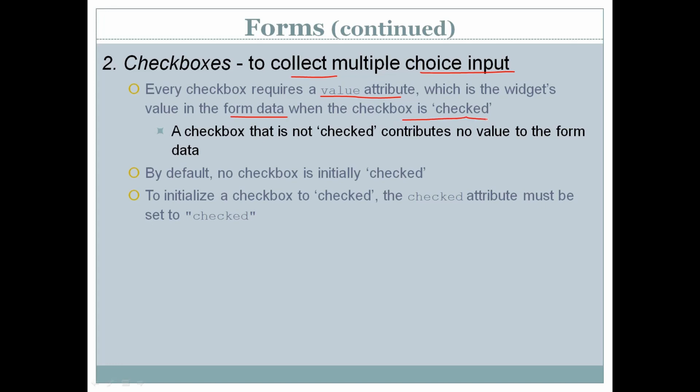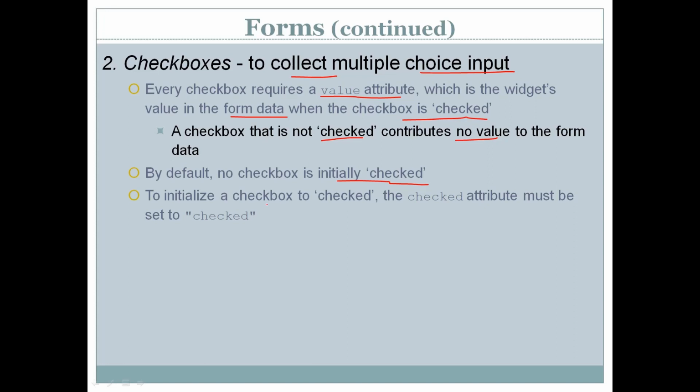So whatever value we assign to the value attribute, that is the value of that particular checkbox when it is checked. A checkbox that is not checked contributes no value to the form data. By default, no checkbox is initially checked. Whenever we display a checkbox, by default it is not checked.